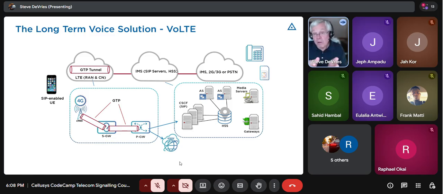If you're setting up a voice call or some kind of circuit switch service, this will deliver that to this IP multimedia subsystem, which is made up of SIP servers, and we can talk more about this in other courses, application servers, media servers for voice announcements, and gateways, which will convert one signaling to another type of signaling, depending on whether you're terminating at a packet network or a circuit switch network.